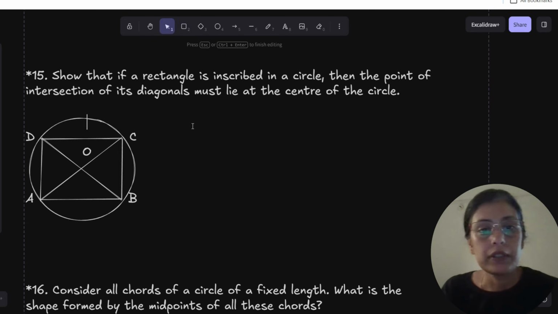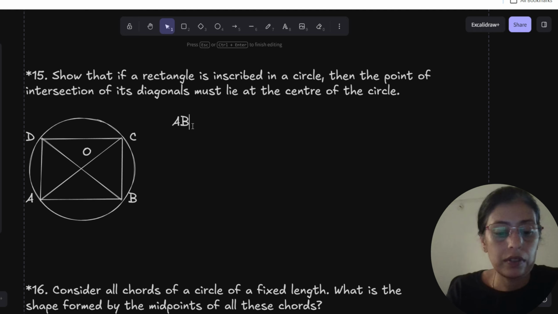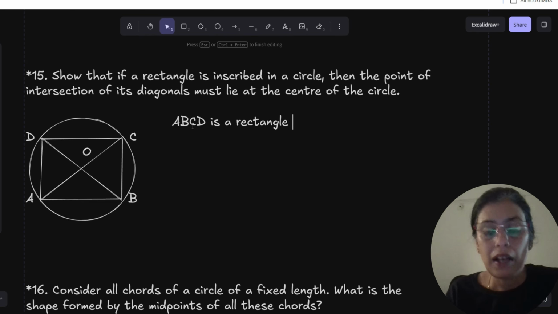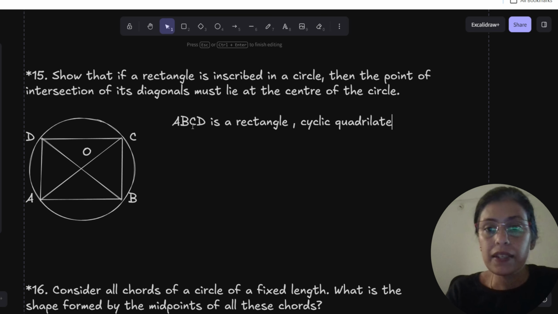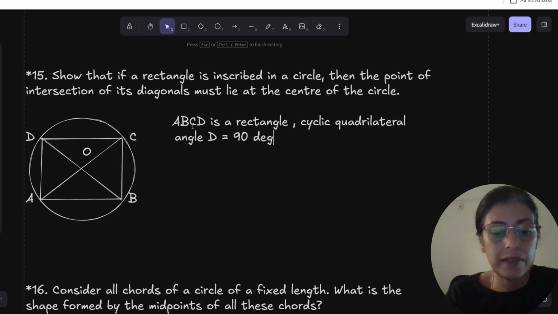So let's write it down. ABCD is a rectangle and it is a cyclic quadrilateral because it is inscribed inside a circle. So what this means is, because it is a rectangle, my angle D will be equal to 90 degrees, right?